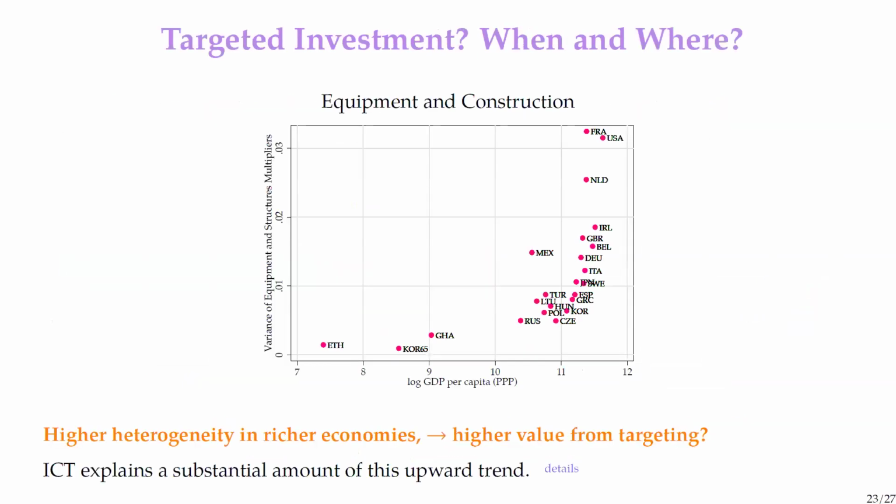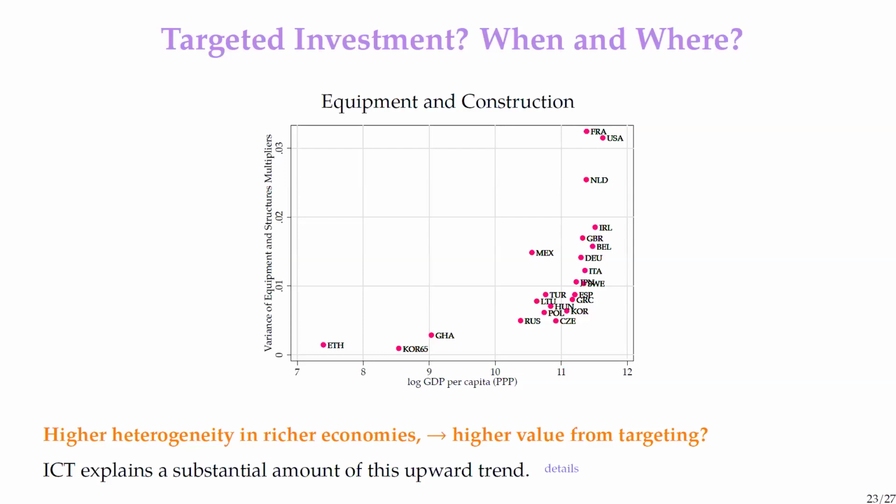So lastly, let me talk about, again, the discussion that motivates the paper on what is the best strategy to boost economic development. Here what we show is the variance of the sectoral influence vectors for the equipment and construction sectors within a country. So basically, for poorer economies, the influence vector is more similar across sectors, but for richer economies, there is more heterogeneity in the sectoral influence across sectors.